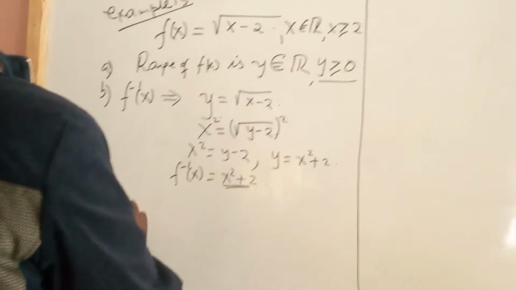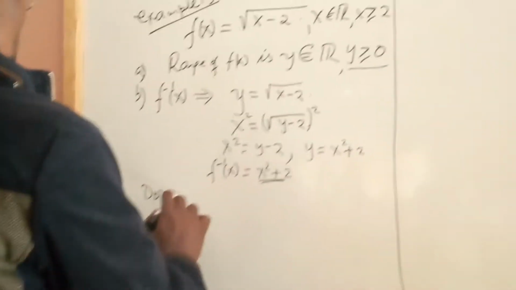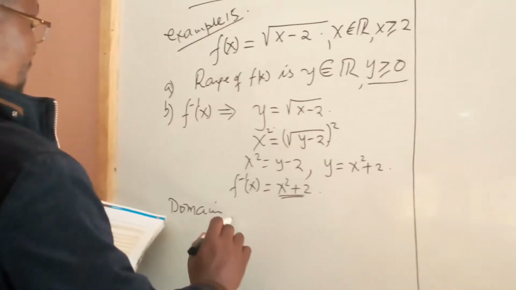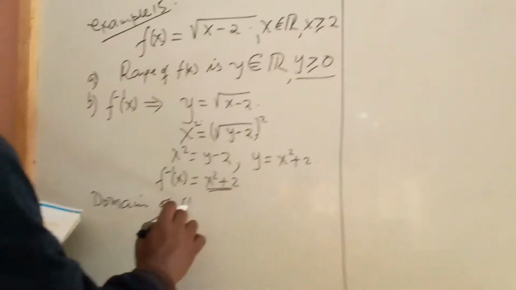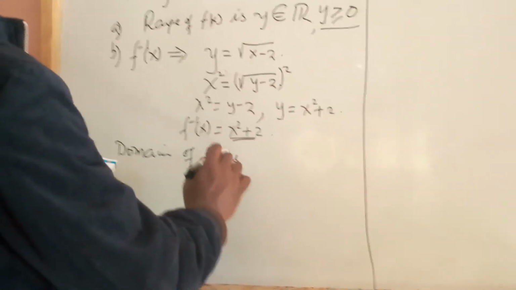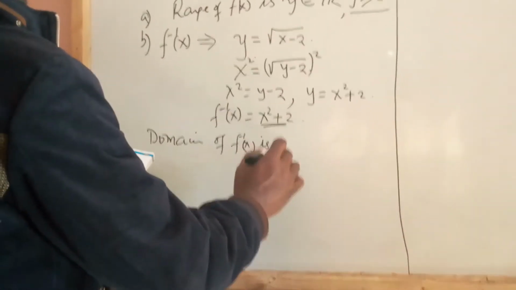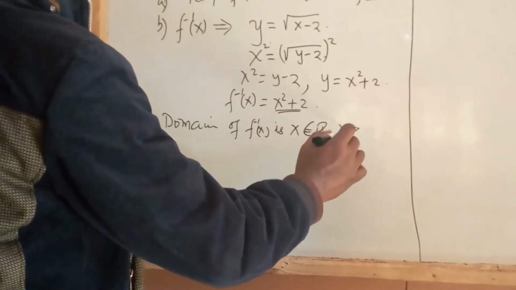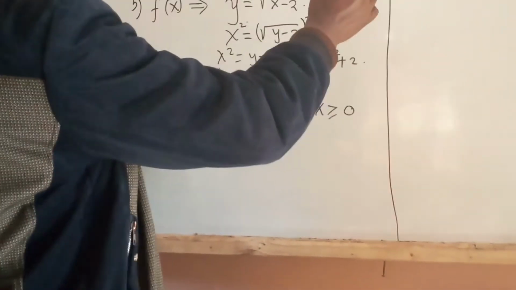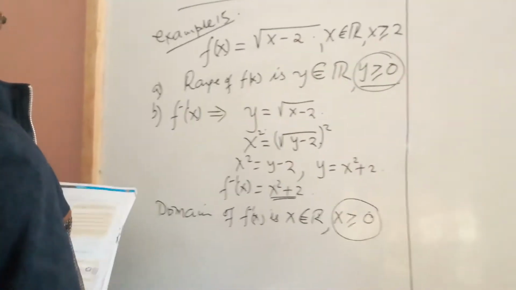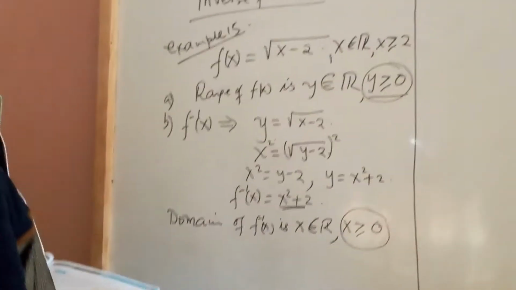The domain of the inverse function is, of course, because we are talking about a variable x, which is a real number, x greater than or equal to 0. Remember, the range of the original function happens to be the domain of the inverse function.